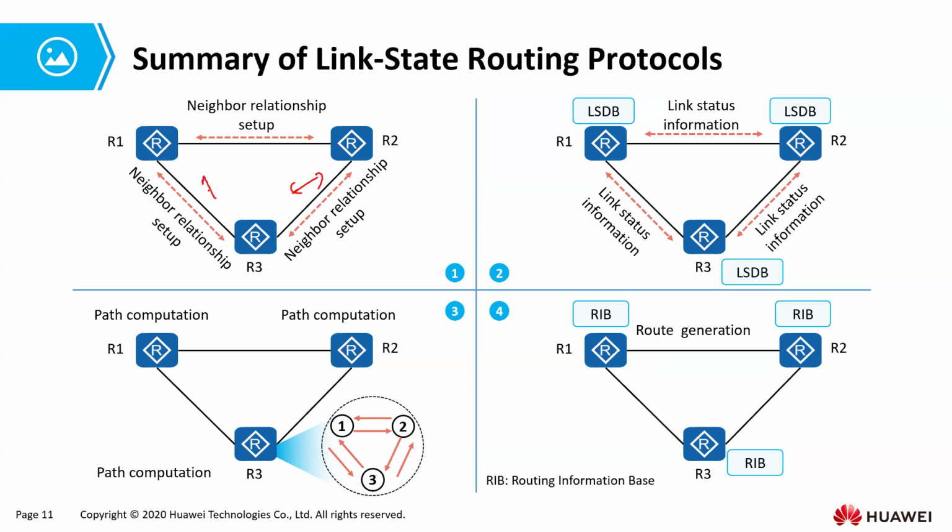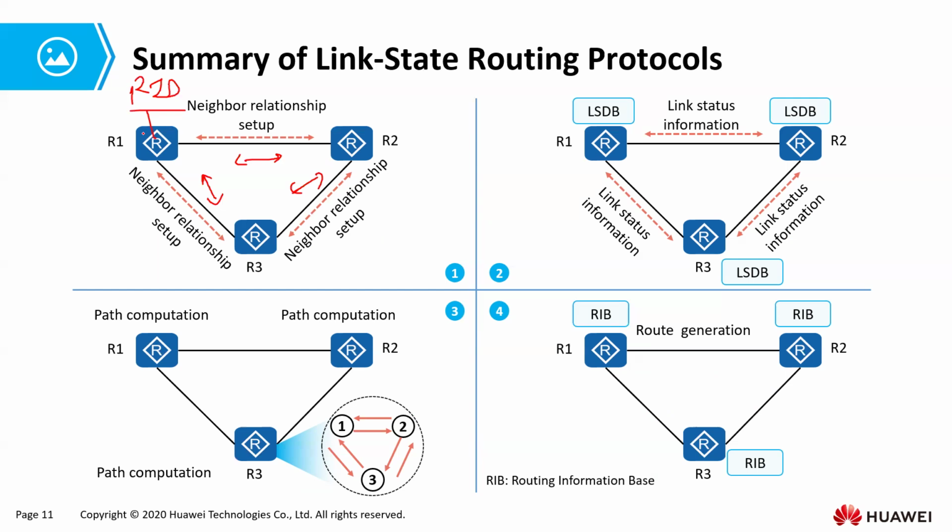My routers exchange my hello packets so that they get to know each other. During the exchange of hello packets, every router has a router ID, and that's where they exchange my router IDs, so that my routers get to know each other. So that's the first step in my link state protocols.